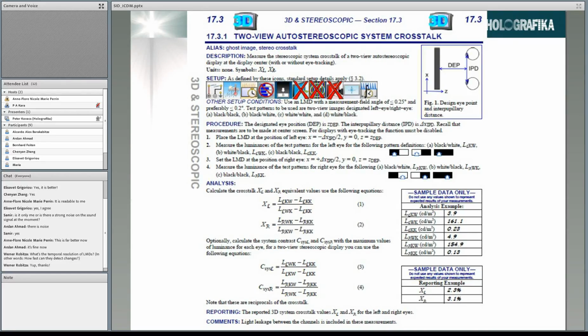But other than that, the measurement is very similar to the previous one.